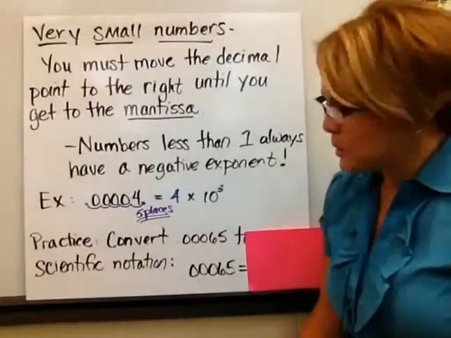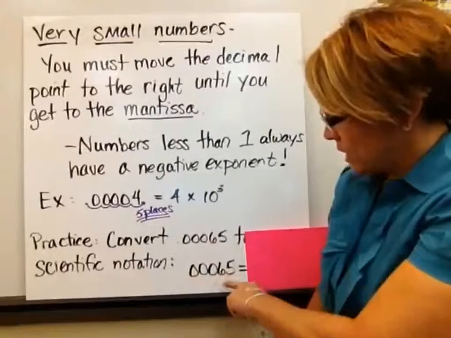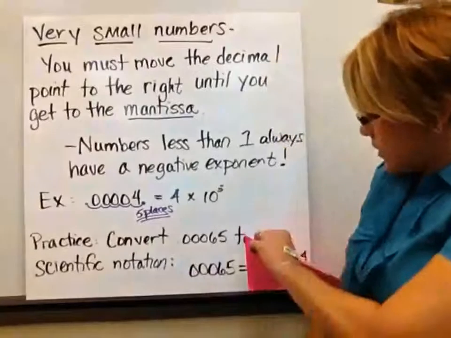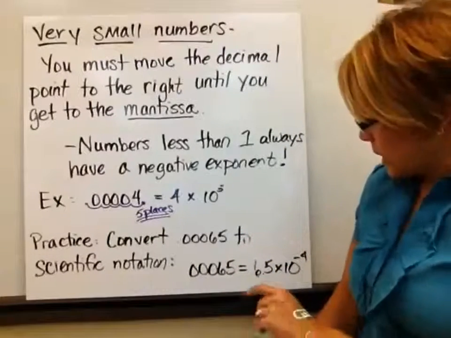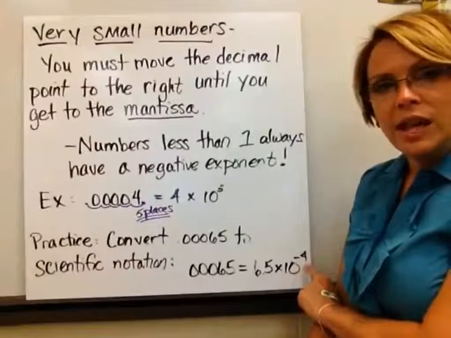Now don't make the mistake I did up here. Remember that this number is less than 1. All right, so let's look at the answer there. Kind of scraped it off, but the answer would be 6.5 times 10 to the negative 4th.